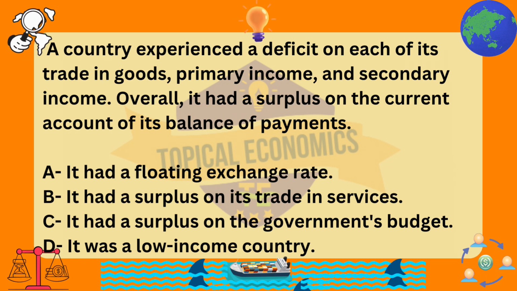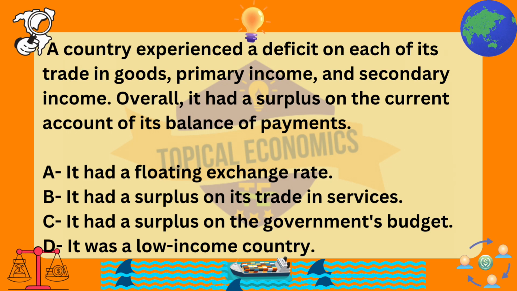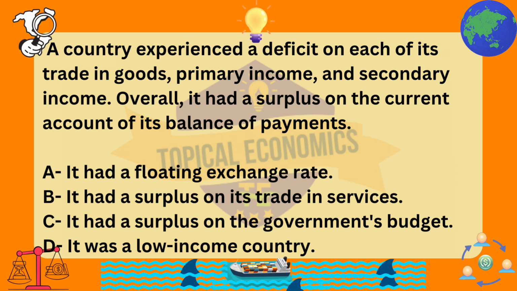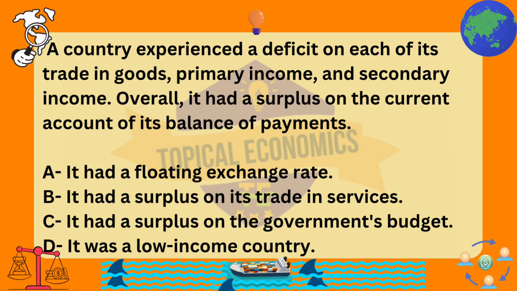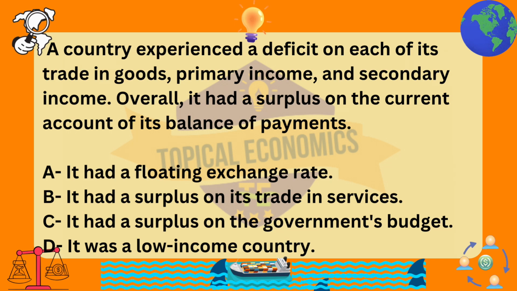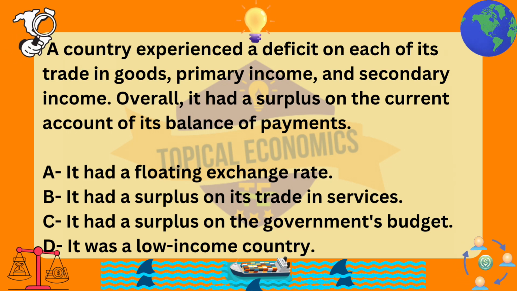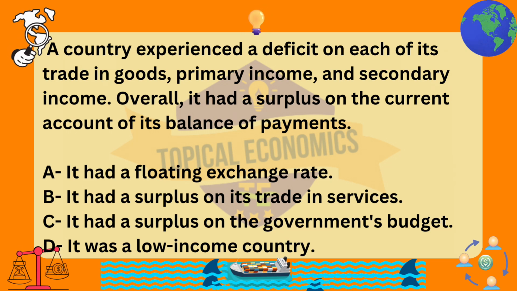If the country has deficits in goods, primary income, and secondary income, the surplus in the trade in services must be large enough to offset these deficits, resulting in an overall current account surplus. Services could include exports like tourism, financial services, insurance, or intellectual property, and if this category has a positive balance, it can compensate for deficits in other areas.